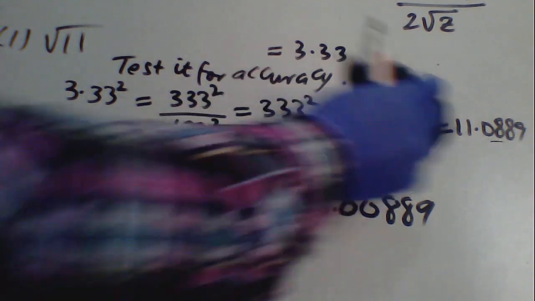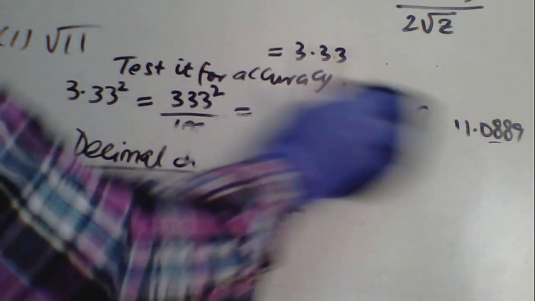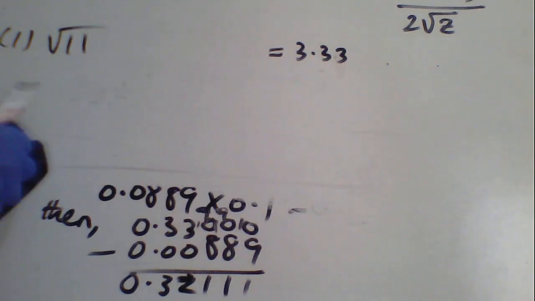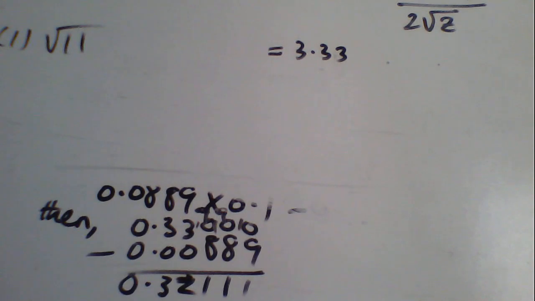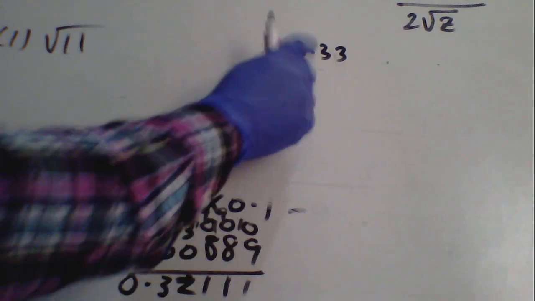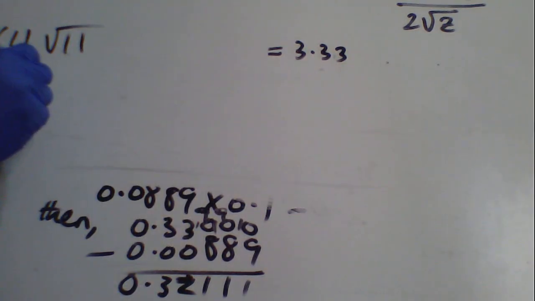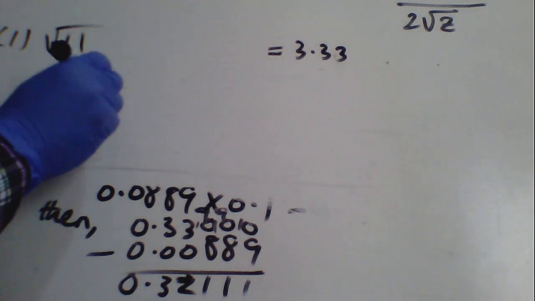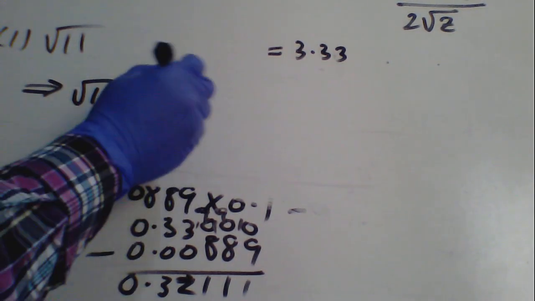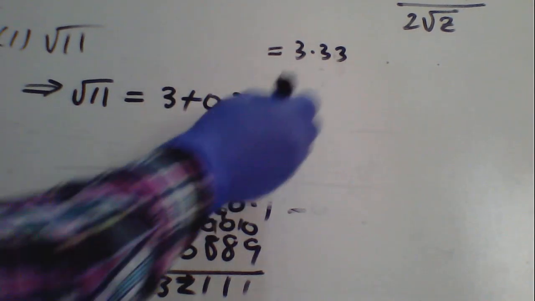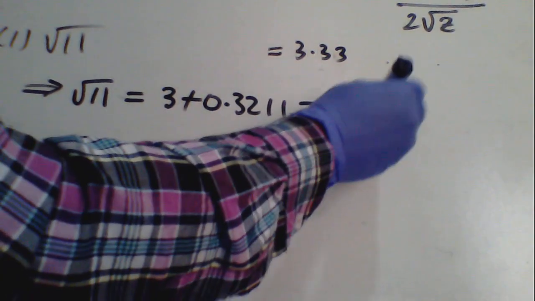The next thing is to add this number you get to the 3, because 3 is the whole part of the result you get here. So the square root of 11 is equal to 3 plus 0.3211, and that gives us 3.3211.